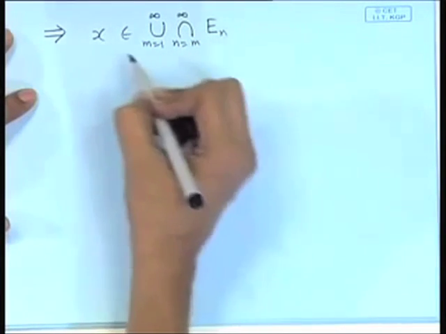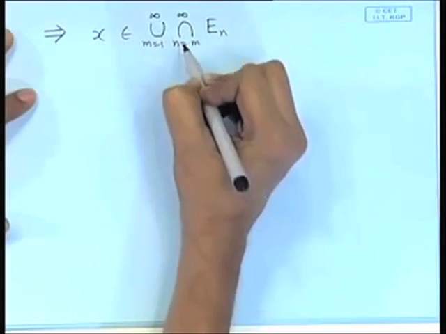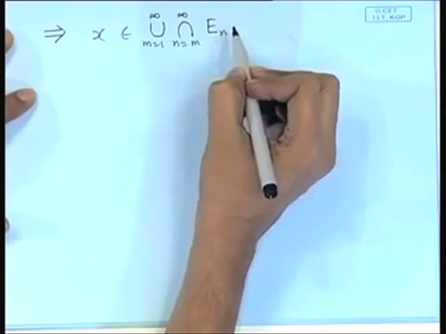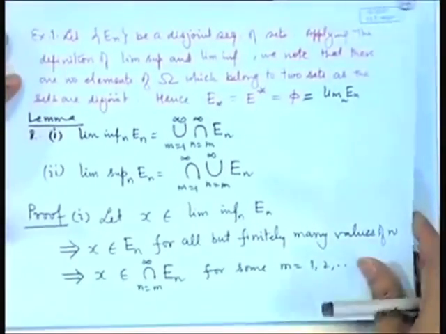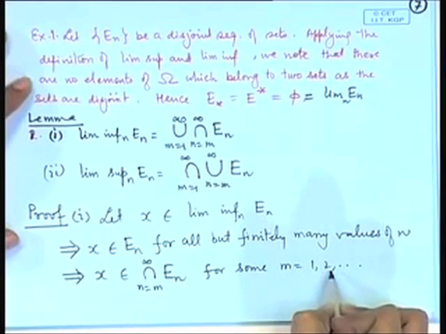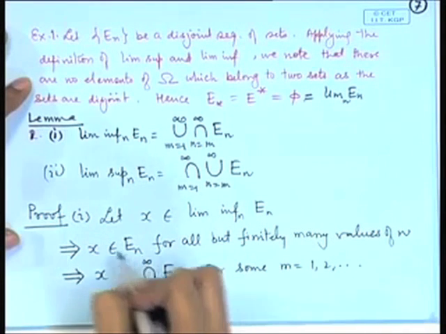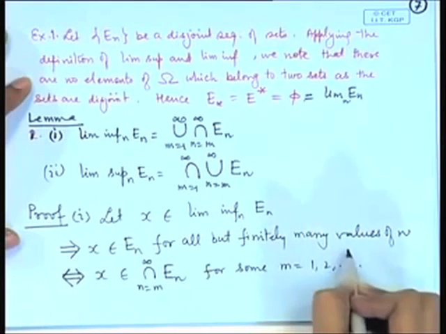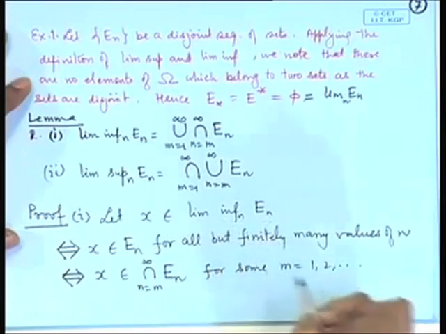On the other hand, if we take x belonging to union m is equal to 1 to infinity intersection n is equal to m to infinity En, then this statement implies that x belongs to intersection of En for some m equal to 1, 2, etc. Now this statement once again implies that x belongs to En for all but finitely many values of n, which was actually the definition of limit inferior.